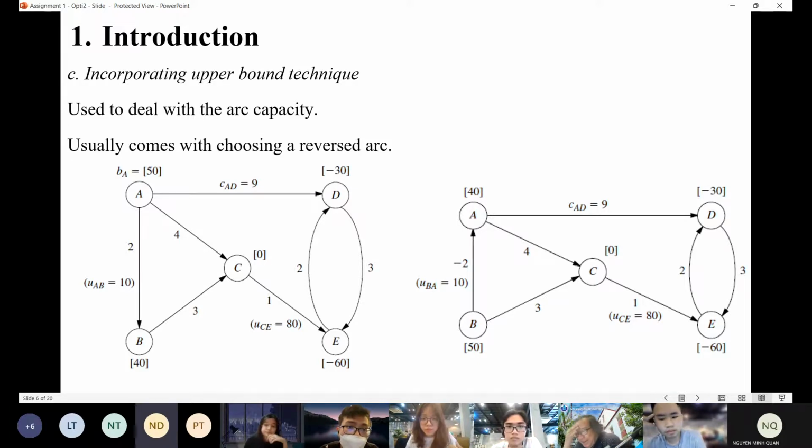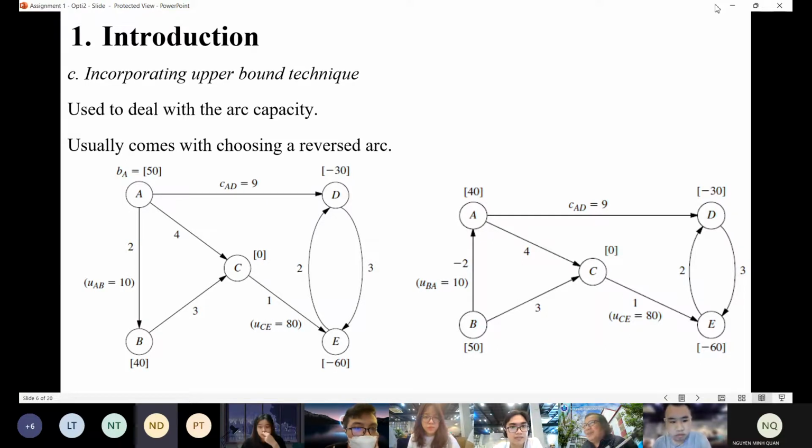You have to distinguish the problem with upper bound and the technique of solving this problem. Upper bound technique means the method of solving, and the problem with upper bound is something else. You understand? You have to distinguish two things. Look at this. This is the problem with upper bound, not the technique at all.